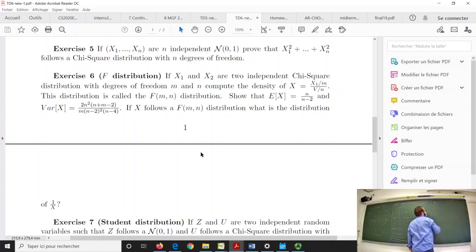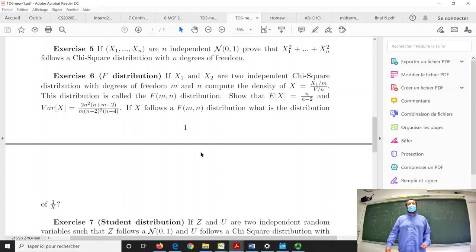Suppose that you are in this situation here. You have x1 that follows the chi-square of parameter n. You have x2 that follows the chi-square of parameter k. I suppose that x1 and x2 are independent. And my question is, what is the distribution of x1 plus x2?